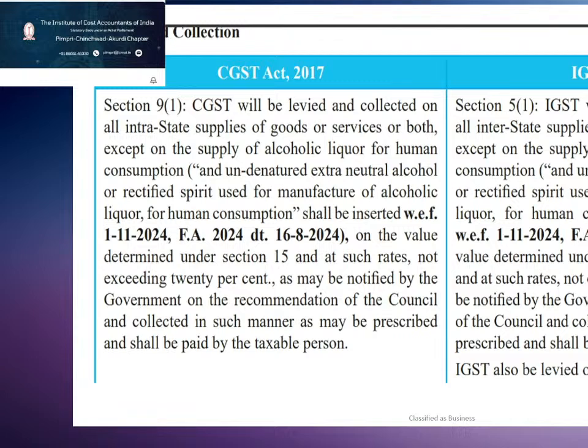Now if you see these two scenarios, one is normal on the right side. For the normal scheme, we want to calculate how much tax is payable to the government, so we need to find that first.